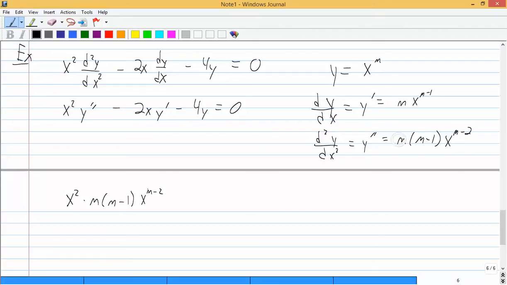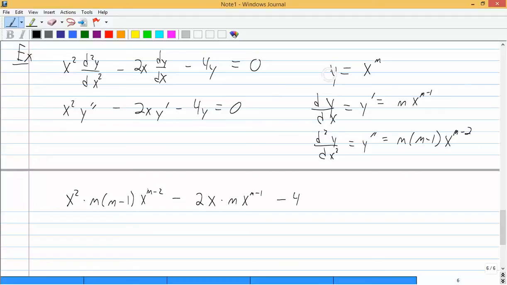Right? I'm just taking the second derivative and plugging it in. Then I'd have minus 2x, and then the first derivative, times m times x to the m minus 1. Then I would have minus 4, and then where's your y?